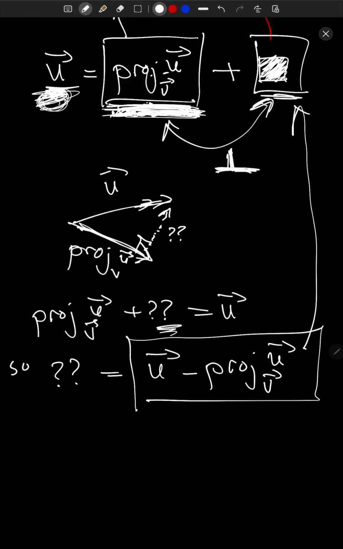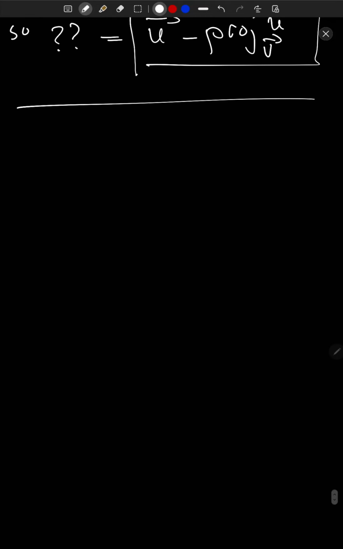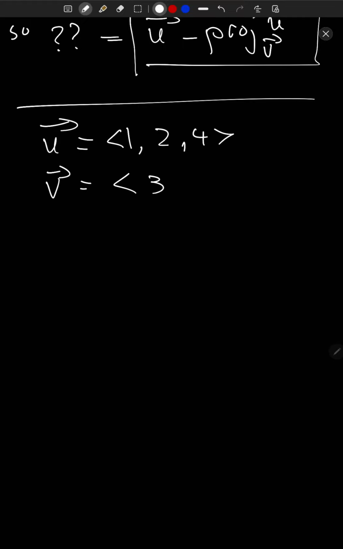That goes right there. So now we're able to break down u into two simpler pieces, which interact very nicely with each other. Let me do a concrete example of this. Let's say u is equal to (1, 2, 4), and v is equal to (3, -1, 5).